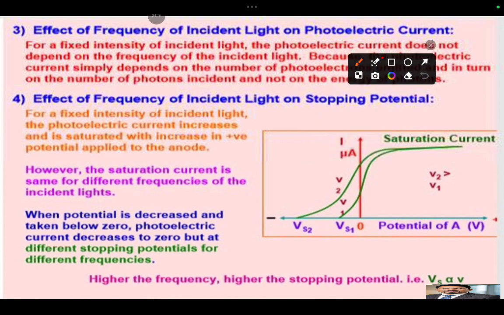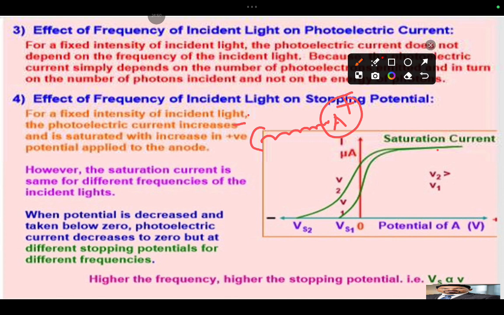See, stopping potential. For a fixed intensity of incident light, the photoelectric current increases and saturates with increasing positive potential applied to the anode. Earlier we discussed cathode and anode: this is the negative terminal, this is the positive terminal. That is the reason these photoelectrons reach plate A, maximum current is produced, and that is the saturation current.